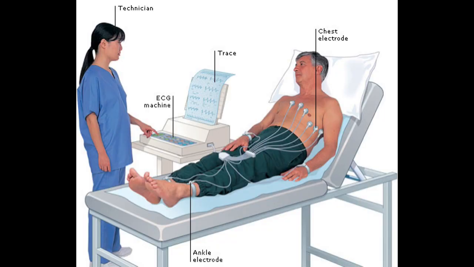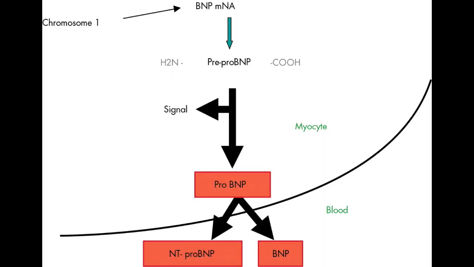And then the electrocardiogram will let us know if you have any coronary artery disease that is causing the heart failure. And then they also do another test called brain natriuretic peptide, and this is done to determine how much the heart ventricles are failing.